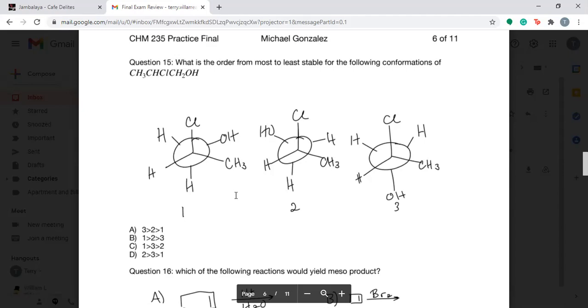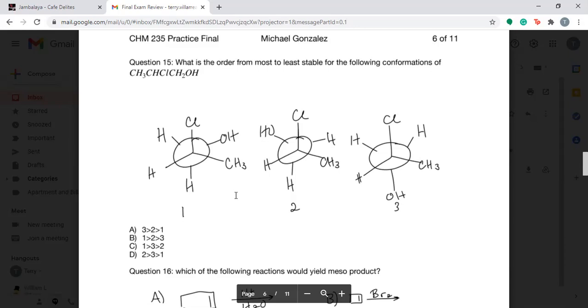So when we have these Newman projections, what do we want the relationship to be for our biggest groups? We have gauche, we have anti, we have eclipsed. Do you remember? Anti-conformation. All right.